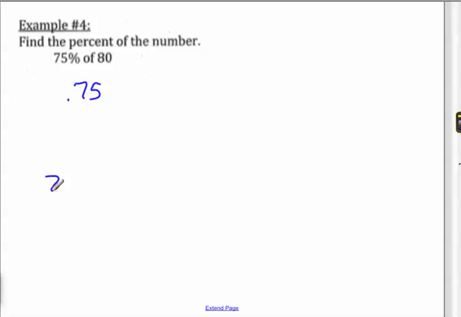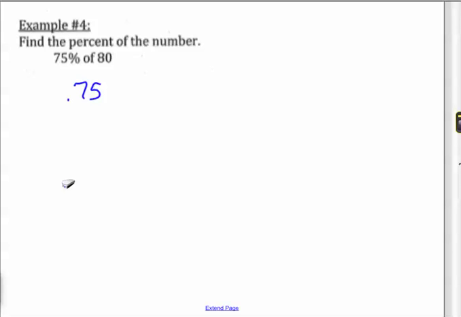What I mean by that is I can't do 75% times something, right? I need to change this so it doesn't have its percent sign. So I need to change it to a decimal. Whenever I'm going to work with it, I always need to change it to a decimal. Okay? So I changed 75% to 0.75.